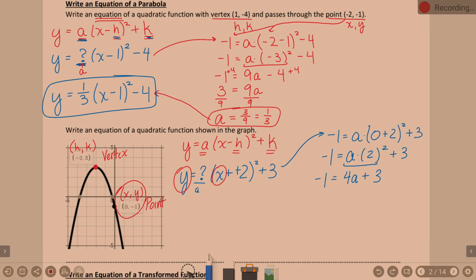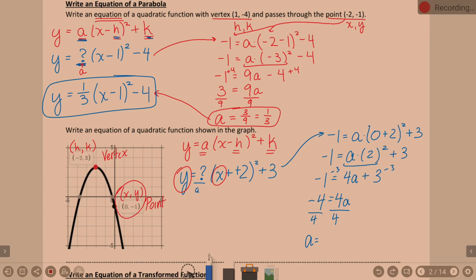Okay? How do I solve for A? Subtract 3. It's 4A plus 3. We're going to subtract 3. Negative 1 minus 3 is negative 4 equals 4A, and then divide by 4. And A is, what's negative 4 divided by 4?